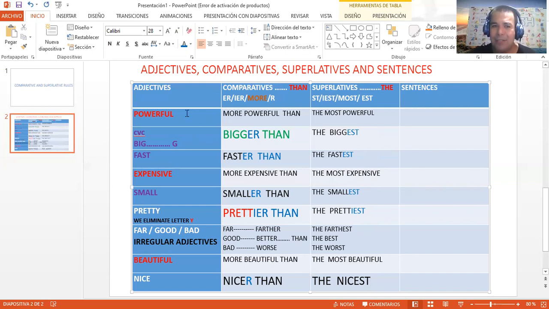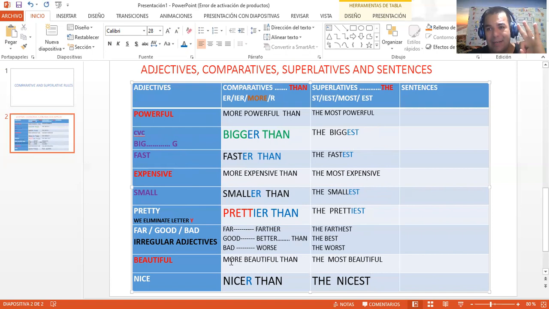When we have the combination consonant, vowel, consonant, we need to double the last letter. But not for the other ones that are one syllable, so we just write the adjective and do the comparative and superlative rule. For adjectives that end with the letter Y, we eliminate the Y, and we write prettier than for the comparative and the prettiest for the superlative.